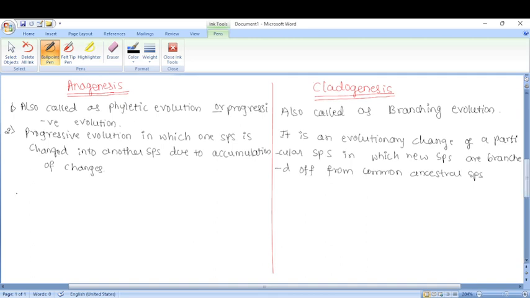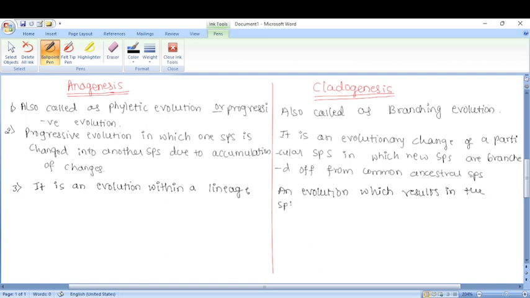Next difference. Anagenesis is an evolution within a lineage, whereas cladogenesis is an evolution which results in splitting of lineage.